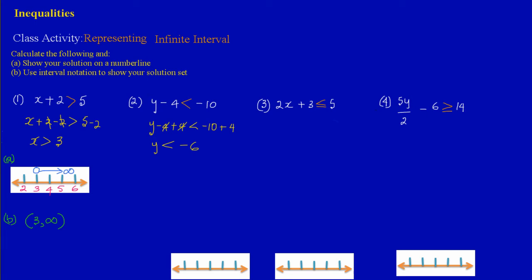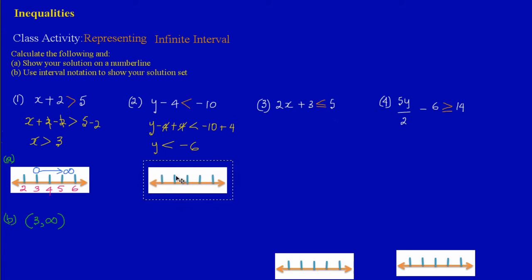Again, we can be asked to show that information on a number line. So here I'm just going to pull up my second number line to show this information. Let me change my color. So since y is less than negative 6, it simply means my boundary is negative 6.